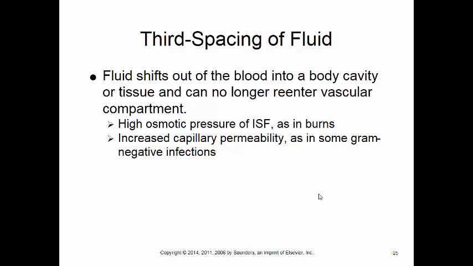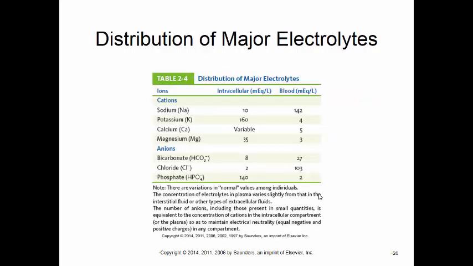So the water will leave the capillaries into the interstitial fluid, and then it will evaporate, and it cannot go back in. This is called third spacing of fluid. Also, in some other cases, when there's a great increase of capillary permeability due to some infections, fluid can go into these compartments, and that's third spacing. Okay.